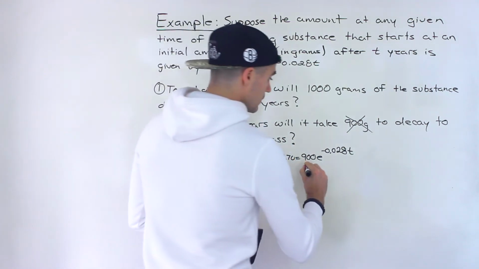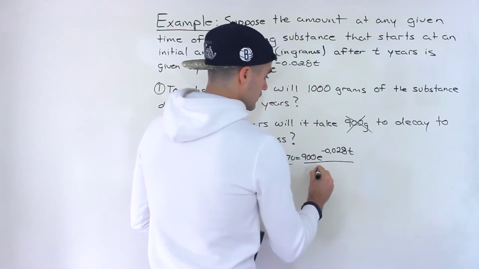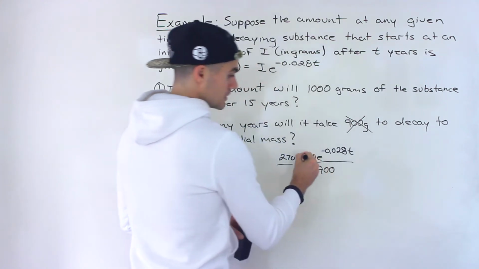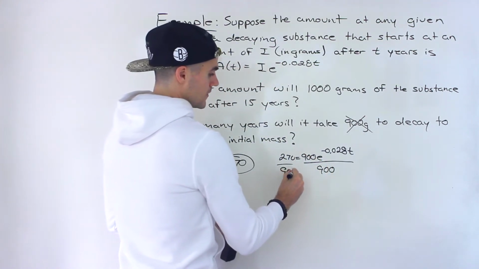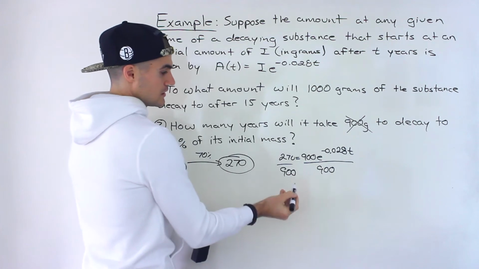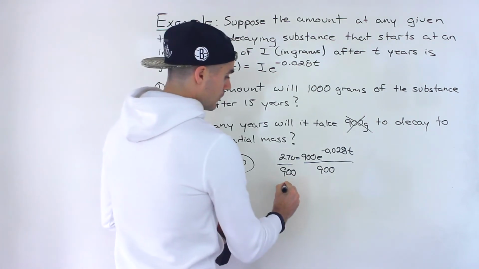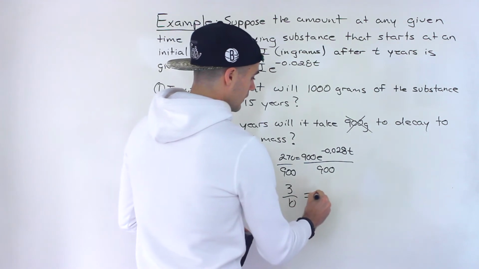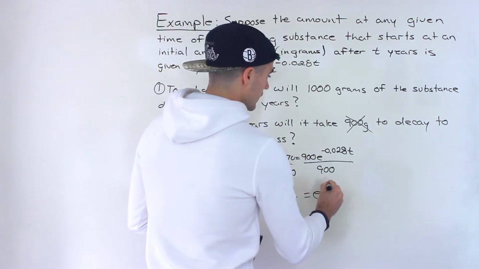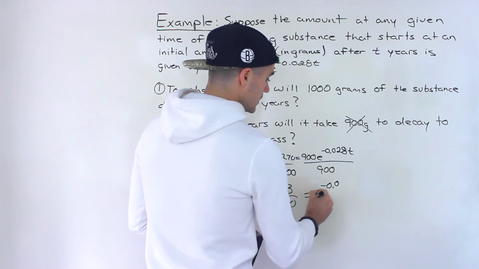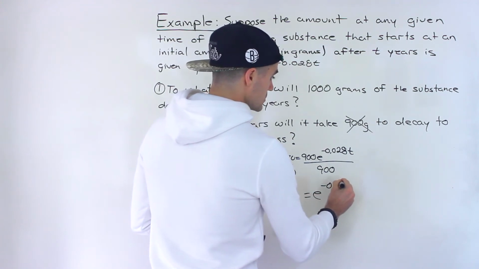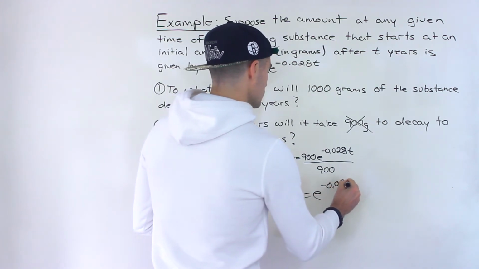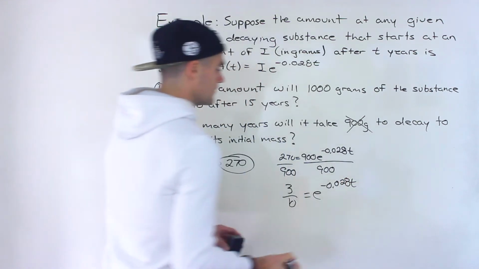So the way we would do that is, first we have to divide by 900 to get rid of this. And then 270 divided by 900, that would give us 0.3, or 3 over 10. And that's going to equal e to the power of negative 0.028 t.